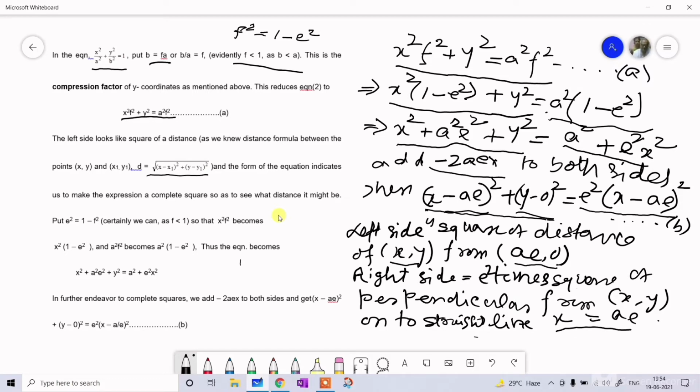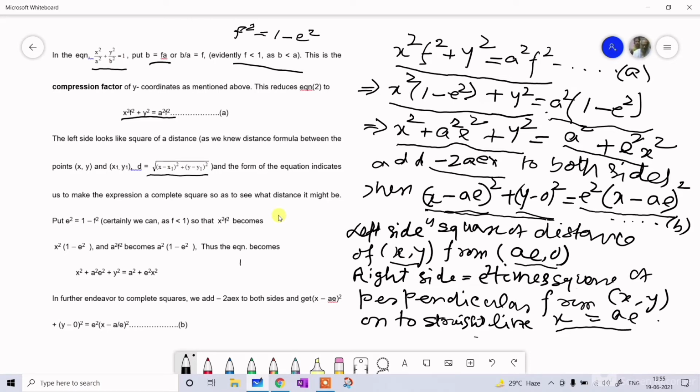So this equation B shows that the distance of (x, y) from the point (ae, 0) is e times the perpendicular distance of (x, y) from the straight line x equals ae.